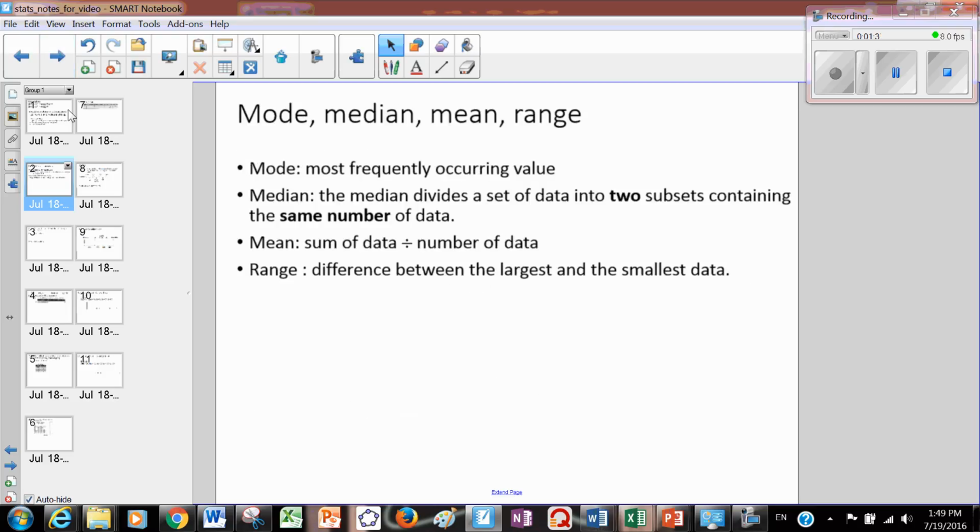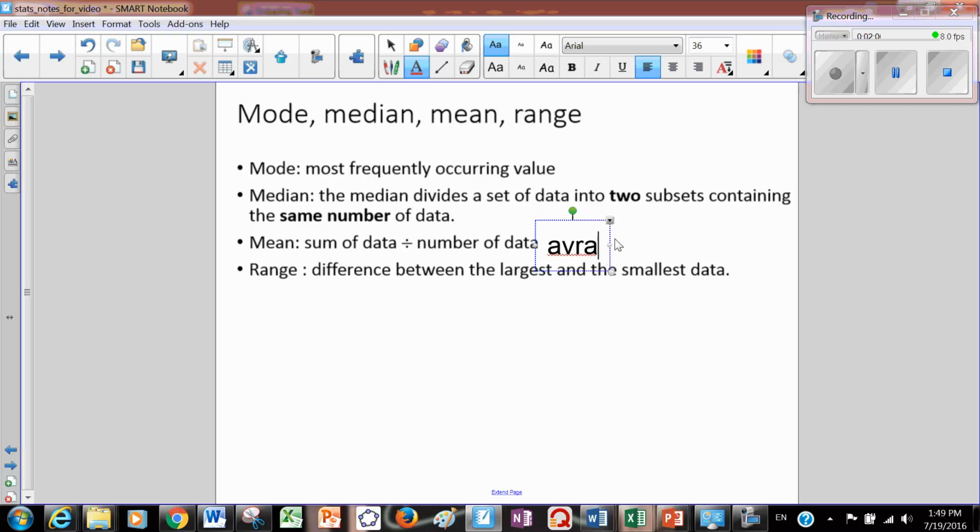Then we're going to do some calculations. You're going to have to be able to work out the mode, which is the most frequently occurring value, the median, which divides the set in two subsets containing the same number of data. I'm going to show you an example in a minute. The mean is the same as the average.